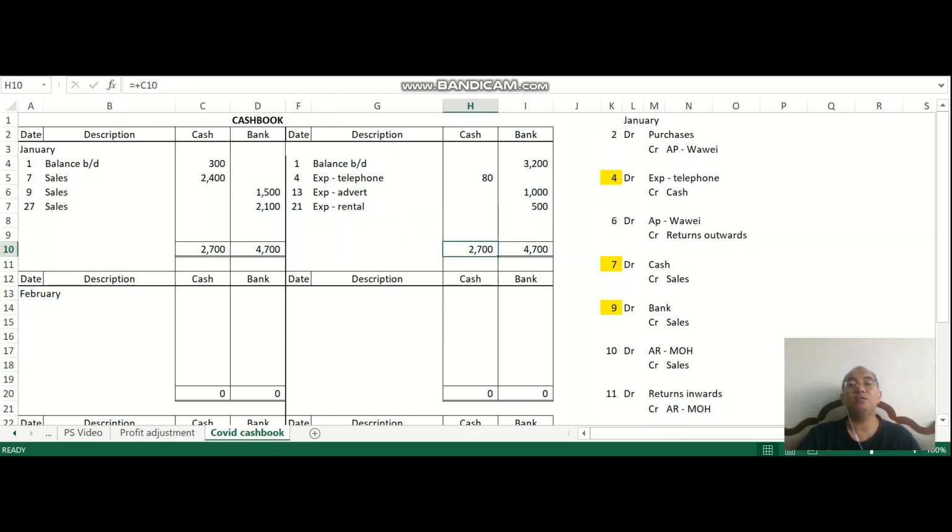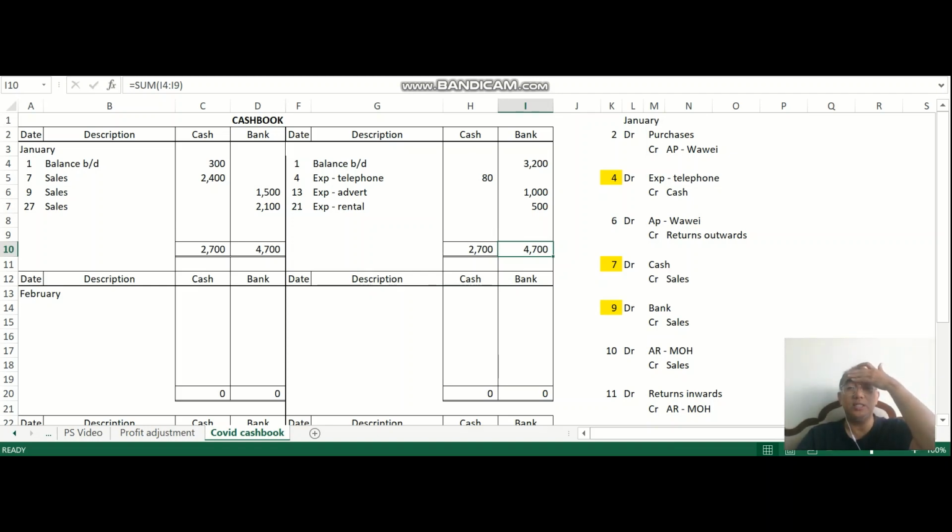So I take 2,700 as my base. And for the bank, how much is this? 3,006. If I add all this together, it's 4,007. So this is bigger.